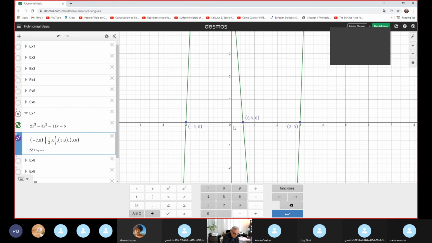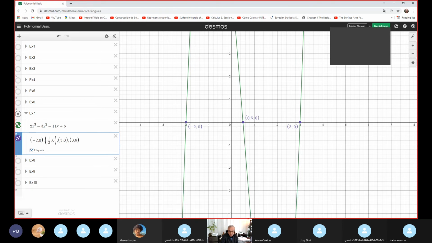But I need to prove to the professor in the test, by hand on the piece of paper. And the professor explained to me synthetic division. So I create the format for the synthetic division: 2, -3, -11, and 6.